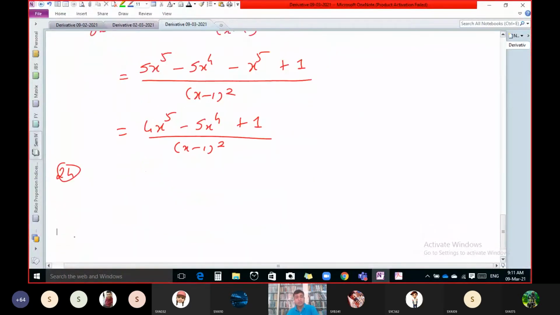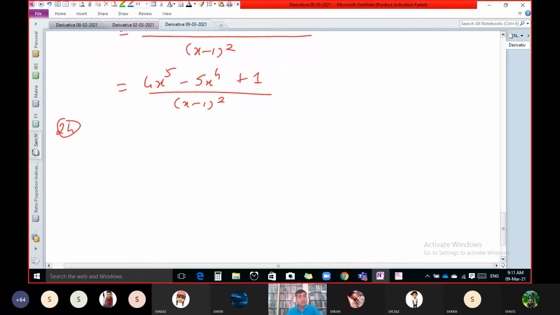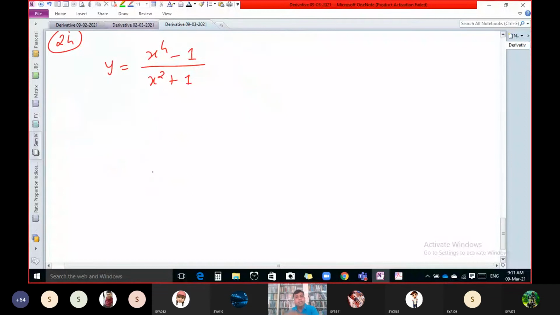Now see in 24, y equal to... now here also you can start u upon v directly. But see, do this: x raised to 4 minus 1.